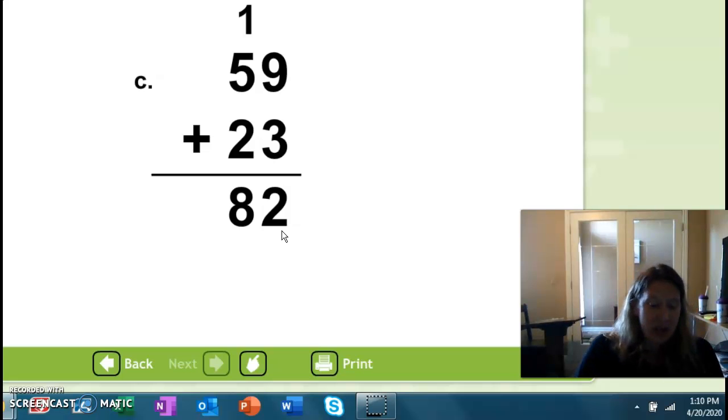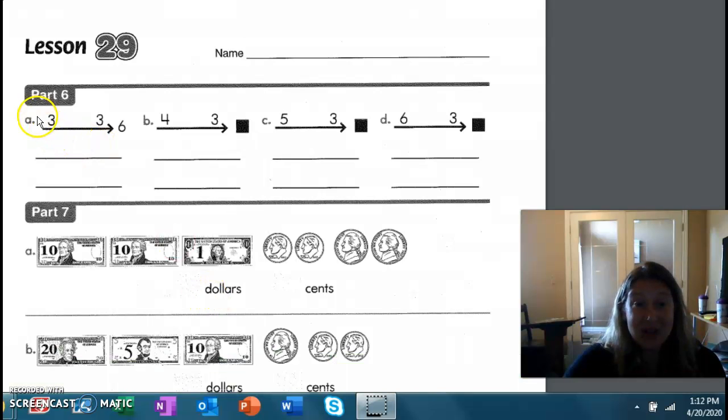Okay, boys, find part 6 in your workbook. These are number families you worked on before. They all have a small number of 3. You've worked them all before.